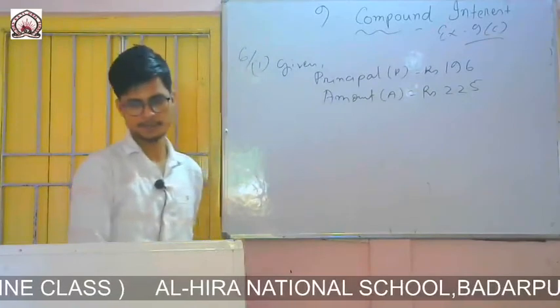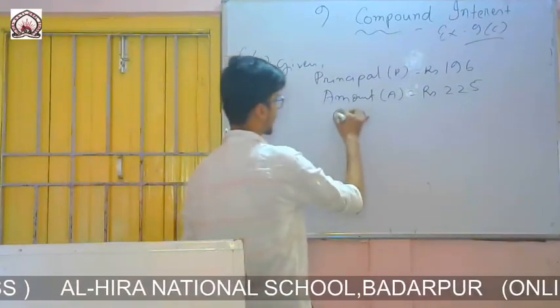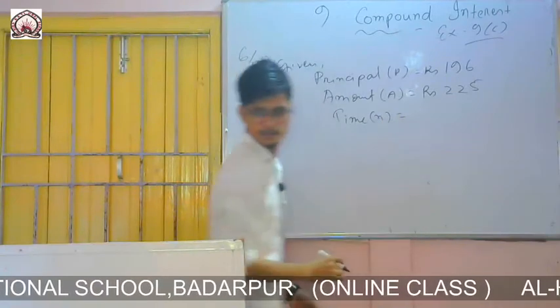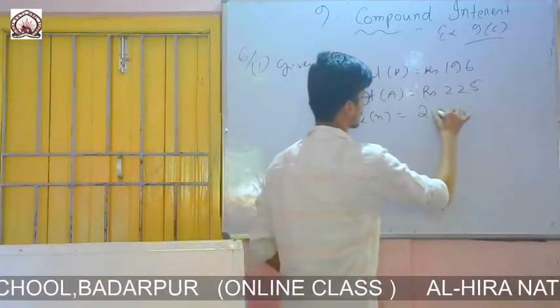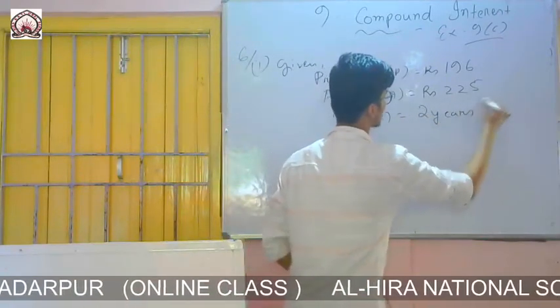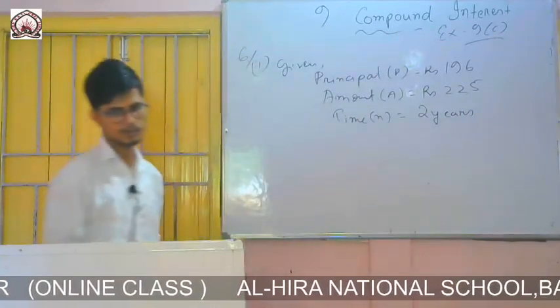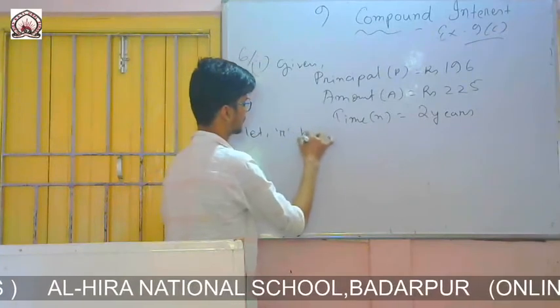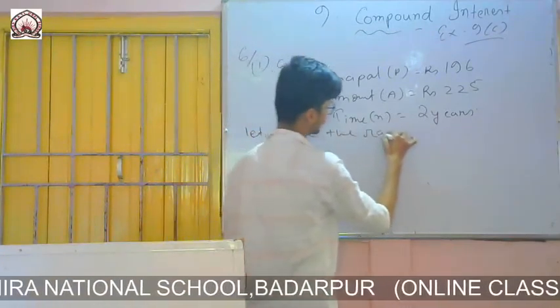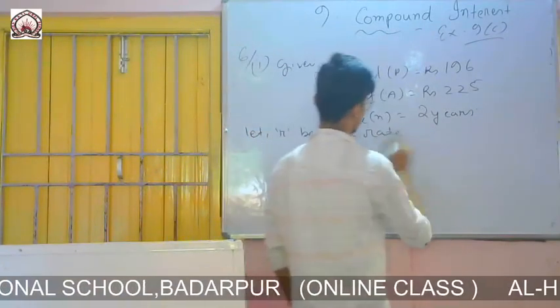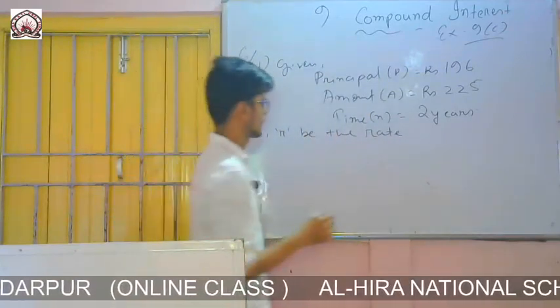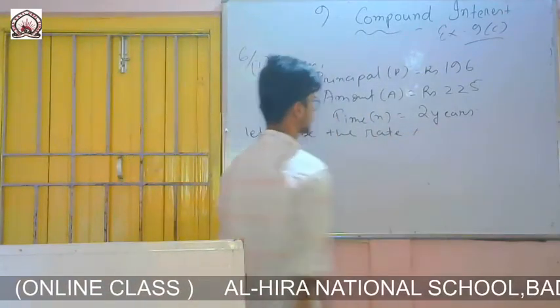Amount is given as rupees 225 and time n equals 2 years. So the question is to find the rate of interest. So you write, let R be the rate percentage, right?